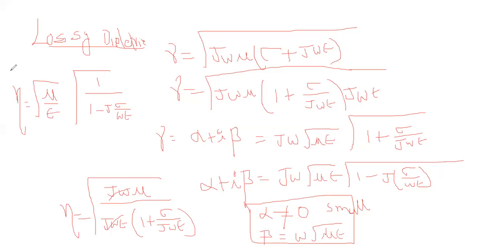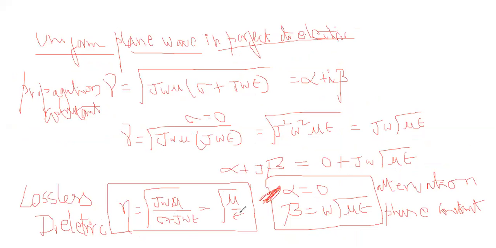You see, in the previous lossless dielectric and this lossy dielectric, the term whatever we have is there. The beta value is omega into under root of mu epsilon, and under root of 1 minus j sigma by omega epsilon, the term is there, a minimum value. And similarly the intrinsic impedance also, see, under root of mu by epsilon whenever it is a perfect dielectric, a lossless dielectric also.